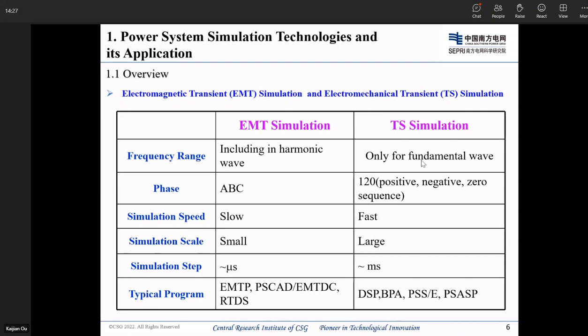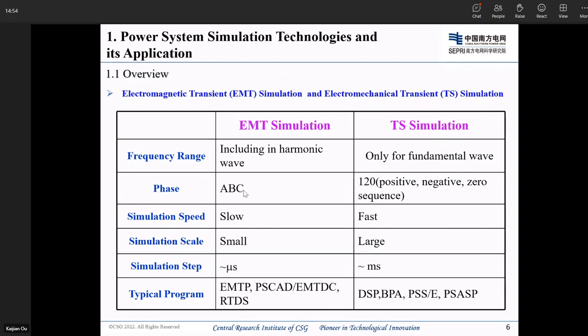But for TS simulation, harmonics are not included, not cared about. Only the fundamental wave, only 60 Hz or 50 Hz, only the fundamental. For EMT simulation, it cares about the harmonics.